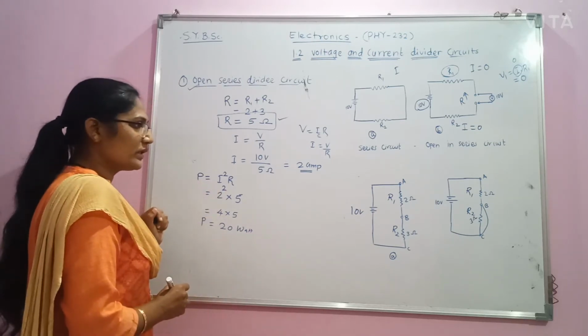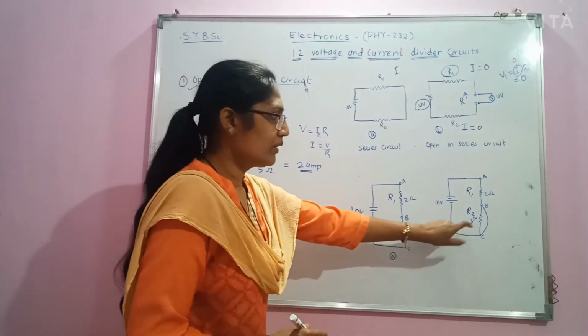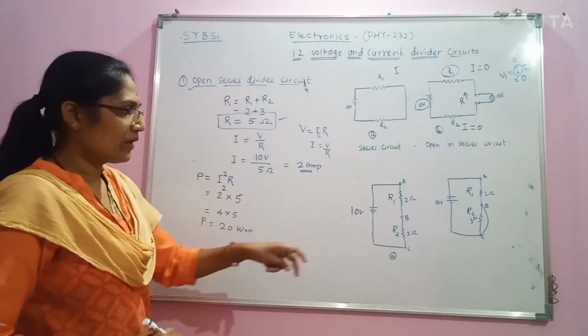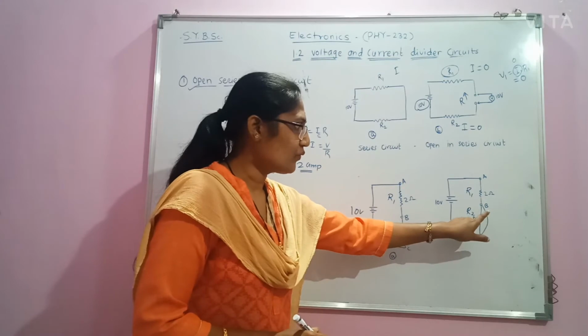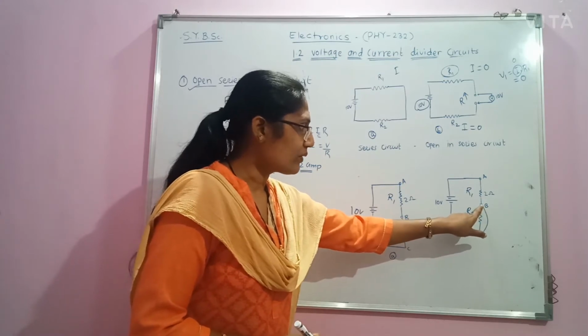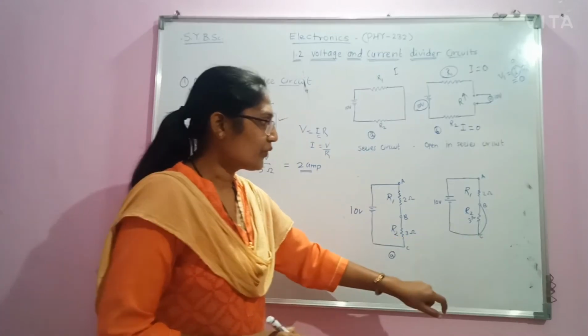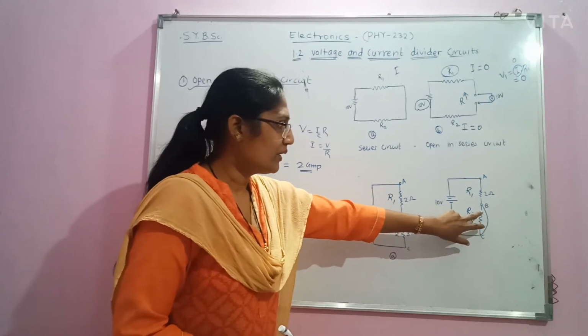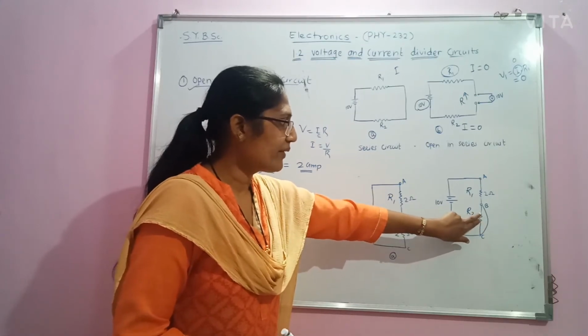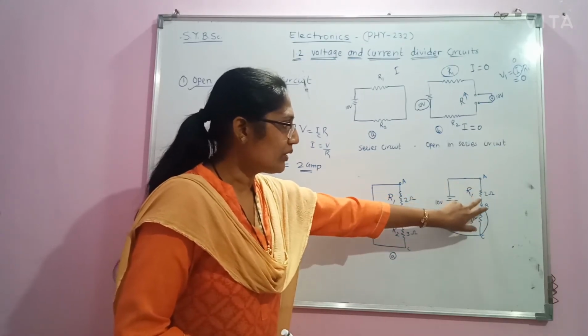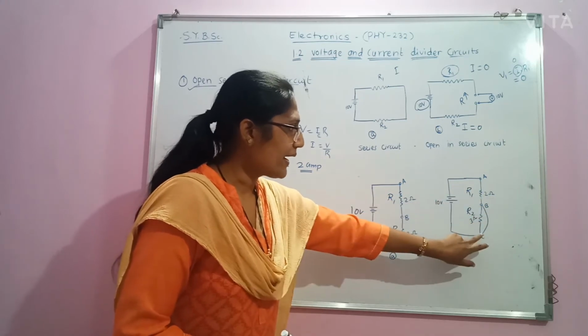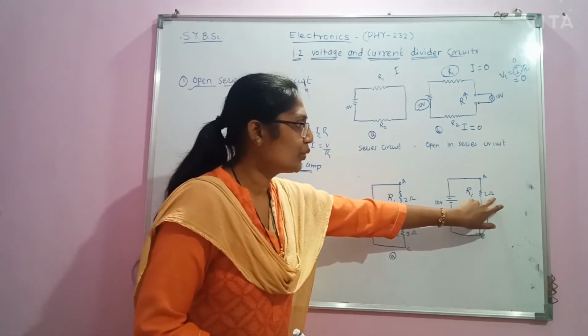Now, we will consider the case of short circuiting. If we connect a conducting wire across B and C, then what will happen? This R2 will get removed, and the total resistance across A and C will be 2 ohm.